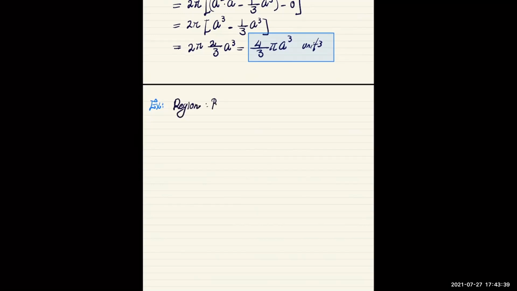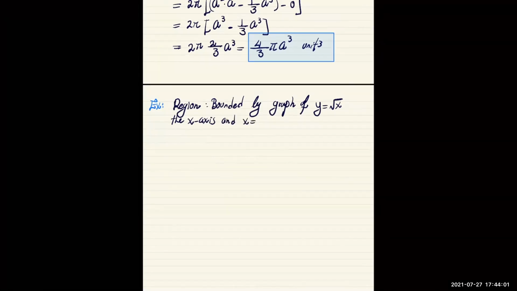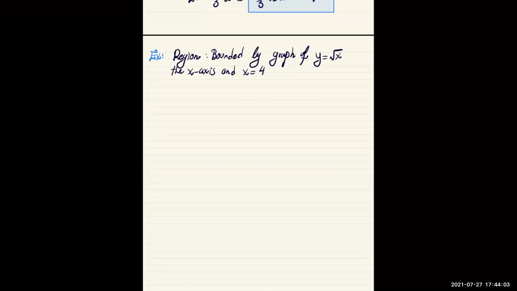It's bounded by the graph of y equal to square root of x. Let's go back to square root of x. The x-axis and the line x equal to, let's say, 4. Let me draw the region.